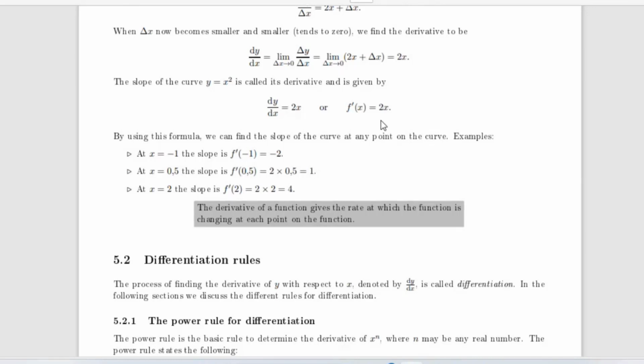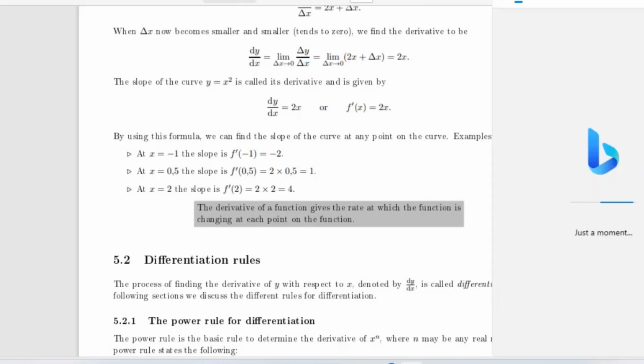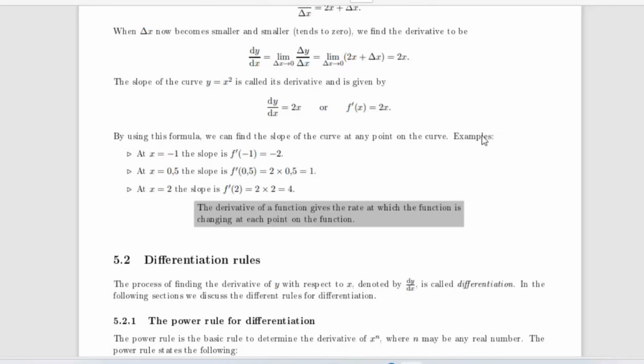Should f of x be equal to -2 if we replace x by -1? Yes, I agree with you, Mlemani. This is just saying that at x equals -1, in the derivative, where you see x, put -1.